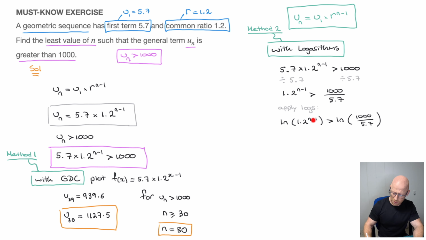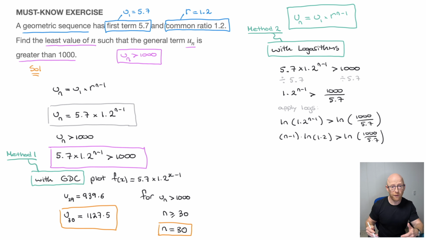Now, using our laws of logarithms, this power of n minus 1 will come out as a factor on the left-hand side. In other words, this turns into, in parentheses, n minus 1 times ln of 1.2, and that's greater than ln of 1,000 over 5.7.